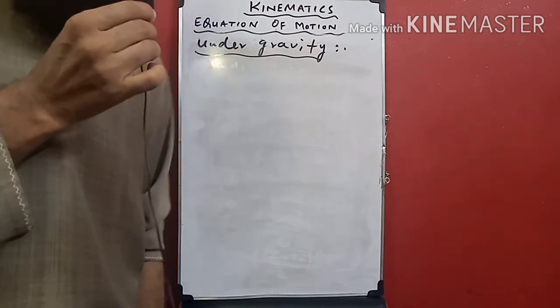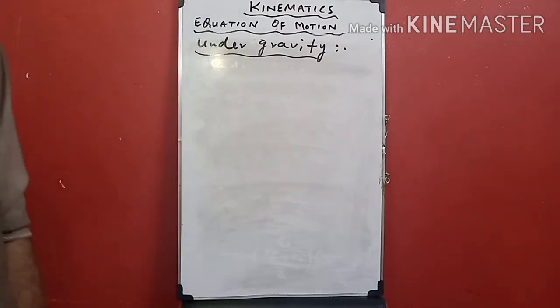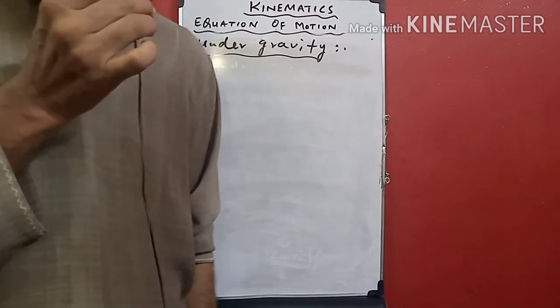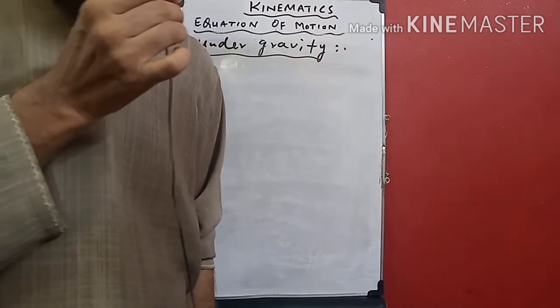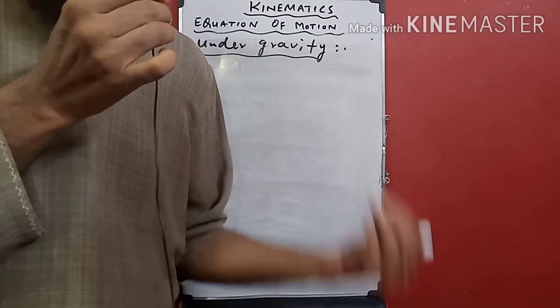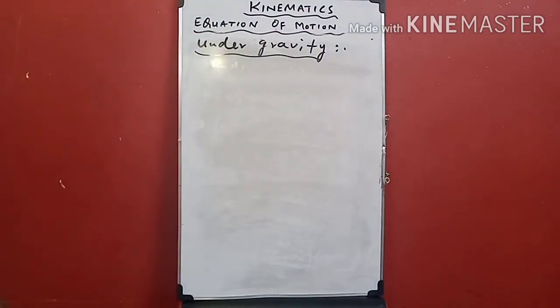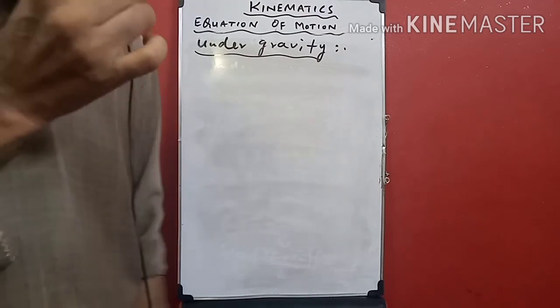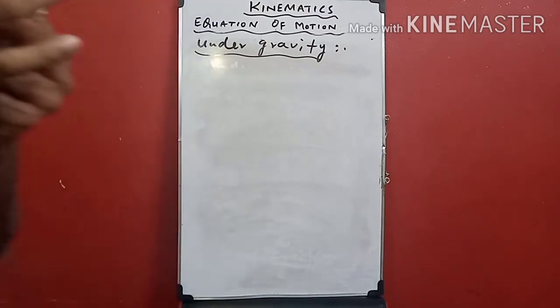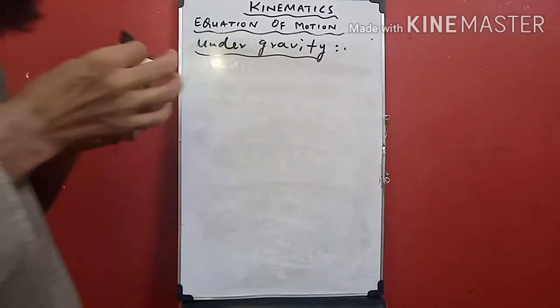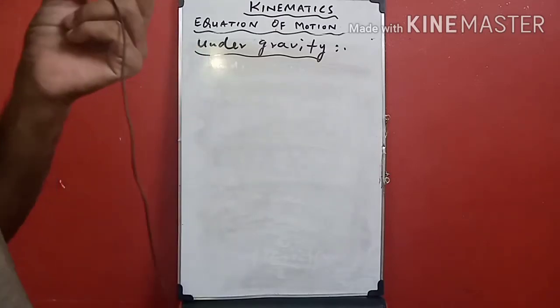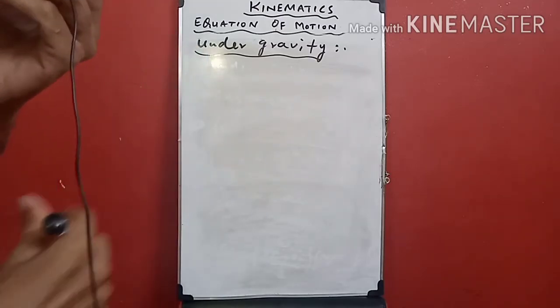Motion of a body under gravity means a free falling body, when a body comes from altitude towards the earth, or when a body goes away from the earth. In this case, the acceleration of the body is changed into the acceleration due to gravity.